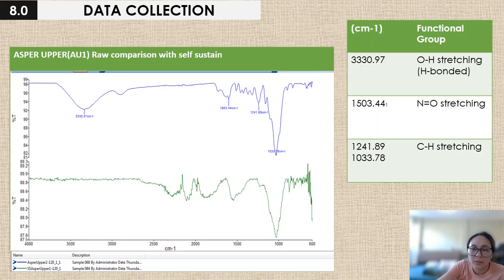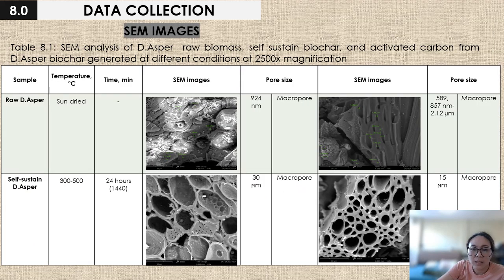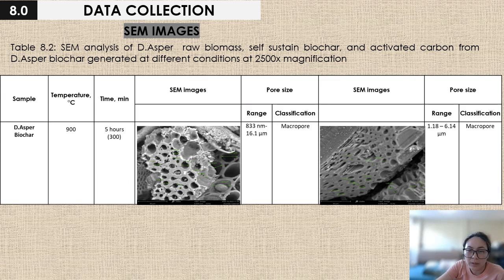Here is also a comparison with the same images, the raw compared to the self-sustained. The self-sustained has produced pores in the structure for absorption, mostly macropores, with carbonization at 5 hours.